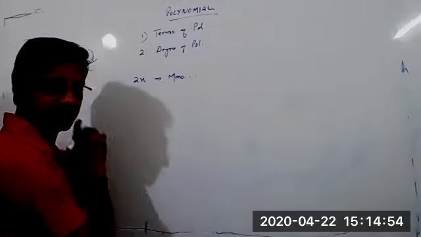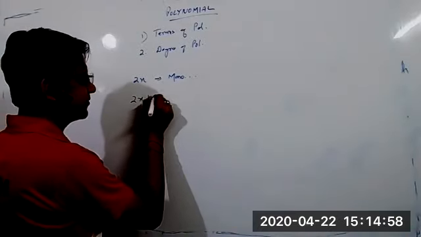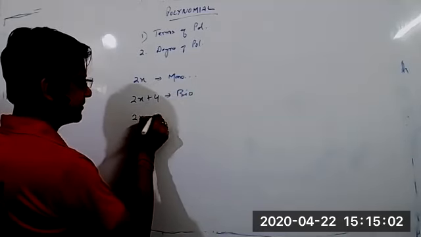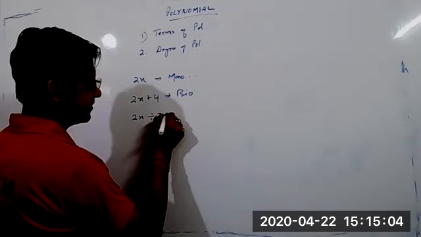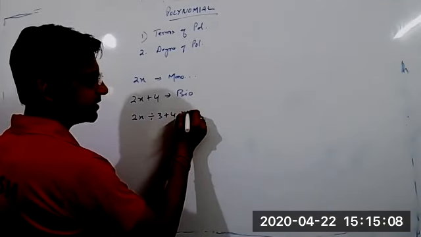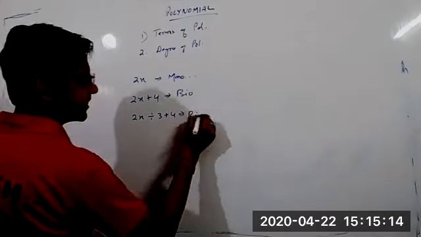So in terms of terms, 2x is monomial. This you know? Yes, sir. 2x plus 4 is binomial. 2x divided by 3 plus 4 is binomial. Sahil, what is this? Binomial. Yes, sir.